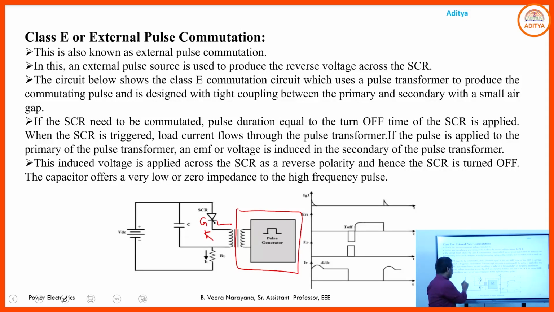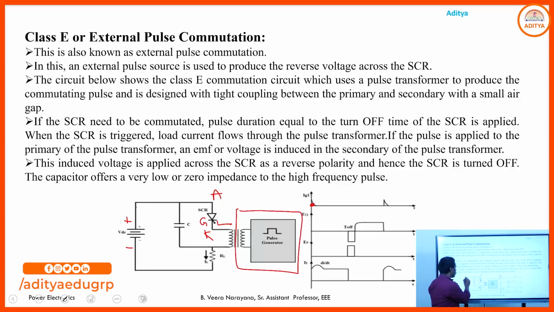Initially VDC is plus and VDC minus, and when anode is made positive with respect to the cathode, then the SCR comes to the forward biasing mode. At time t equal to 0, we provide the gate signal to the first thyristor, then SCR1 comes to the on state.